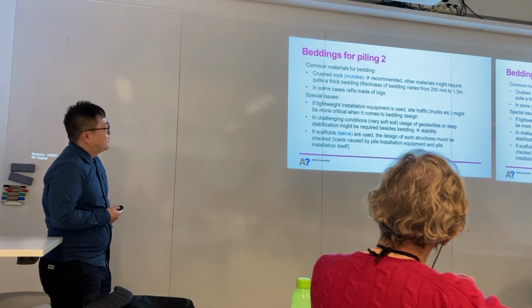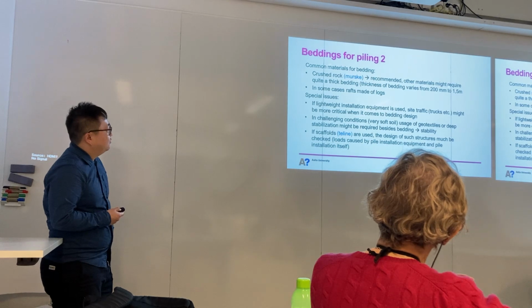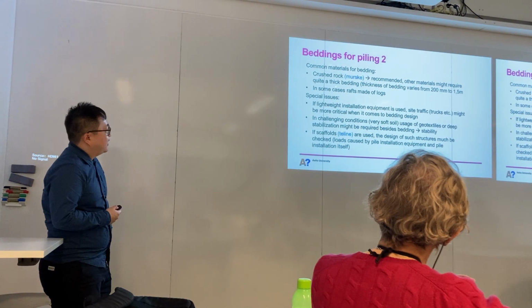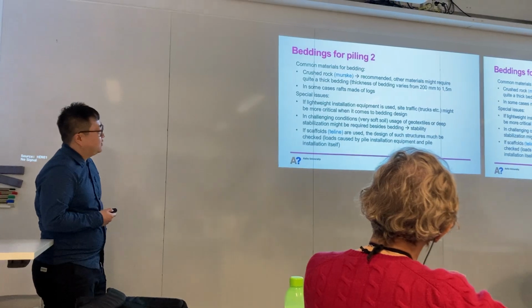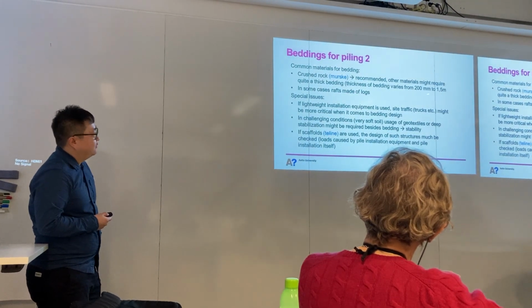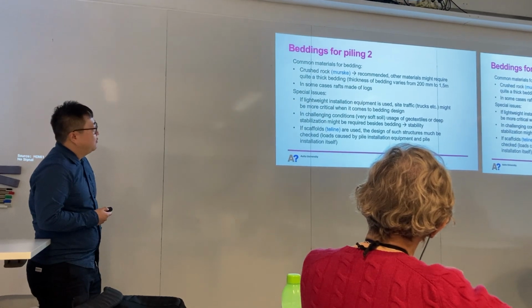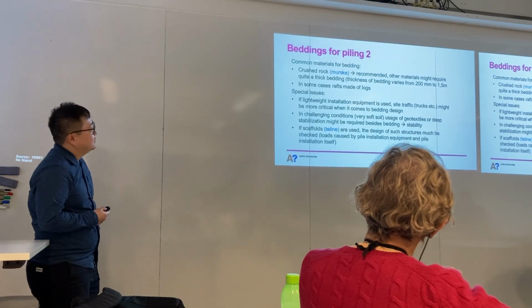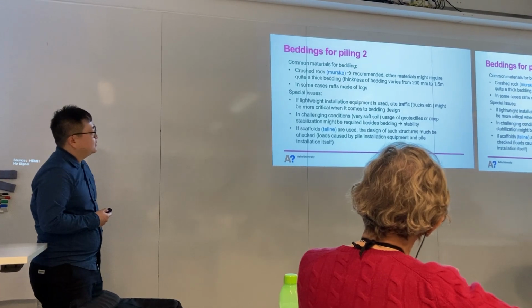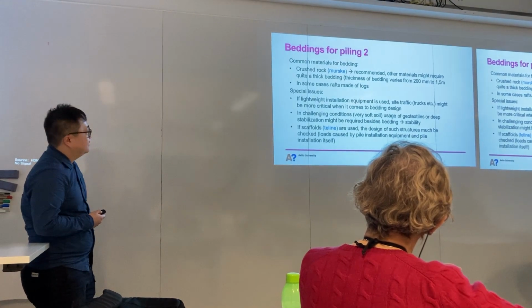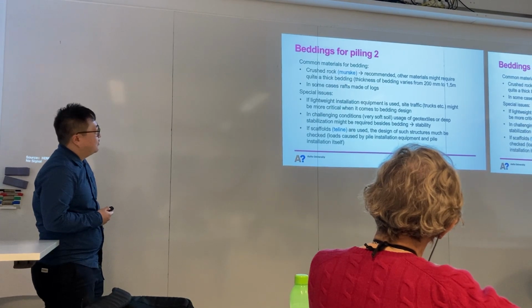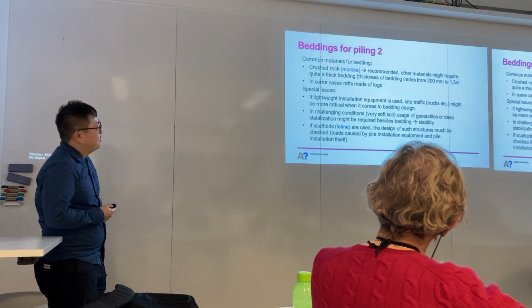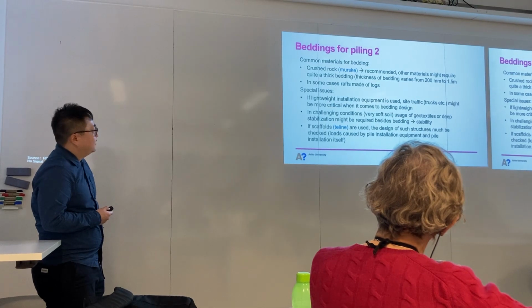Some other materials require quite a thick bedding. The thickness may vary from 200 millimeters to 1.5 meters. Normally, the most common thickness is half a meter, 0.5 meter. In some cases, rafts are made of logs or even steel plates.